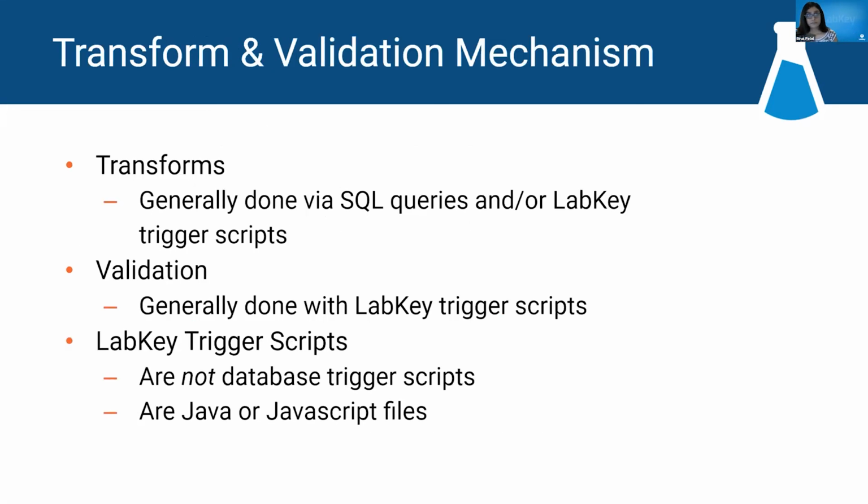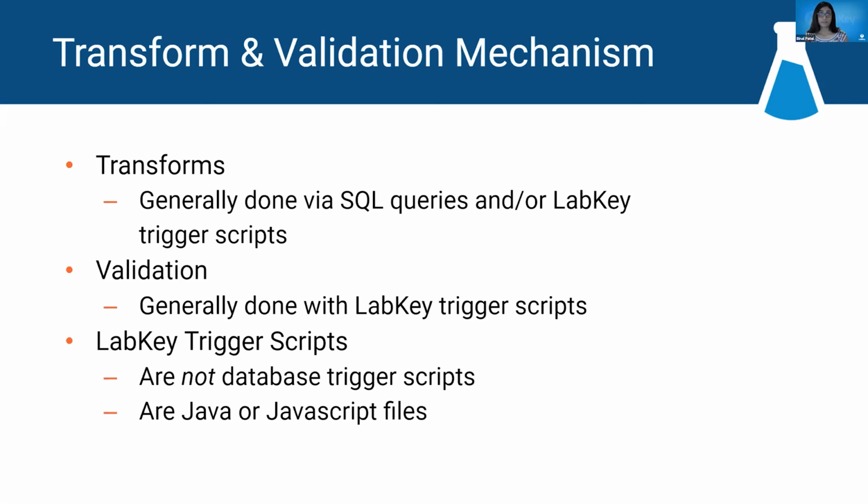The mechanism to transform and validate the data: transforms are generally done via SQL queries. For example, you can map the columns from external tables to the LabKey tables in SQL queries, and do some minor validation checks in SQL queries as well.